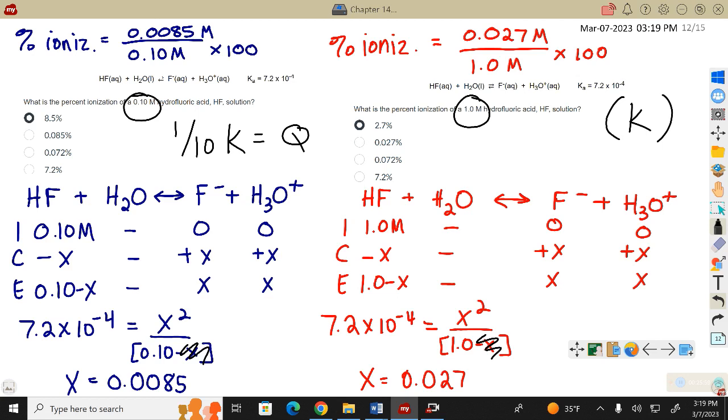This is always a ratio of product over reactant. So if I want to increase the amount of product, I'm shifting more forward, which is another way of explaining why the percent ionization is greater when the concentration is lower. It's going to shift more forward until Q equals K. Or if you ever had to explain it, we could say that I'm dividing by a smaller number in the denominator, or a larger number in the denominator.